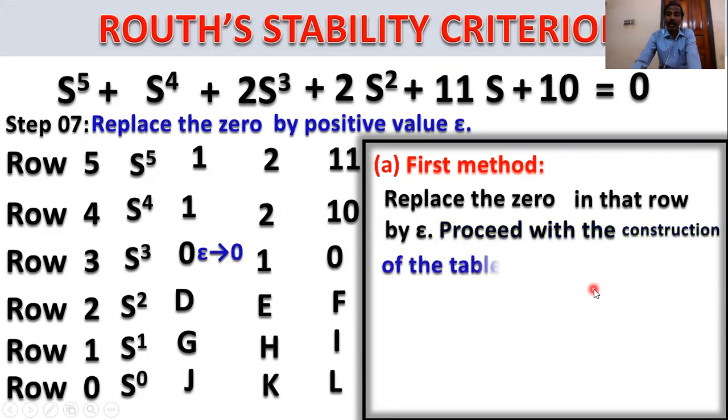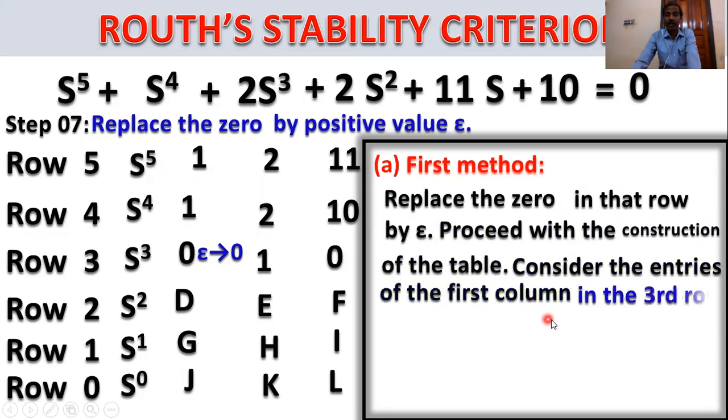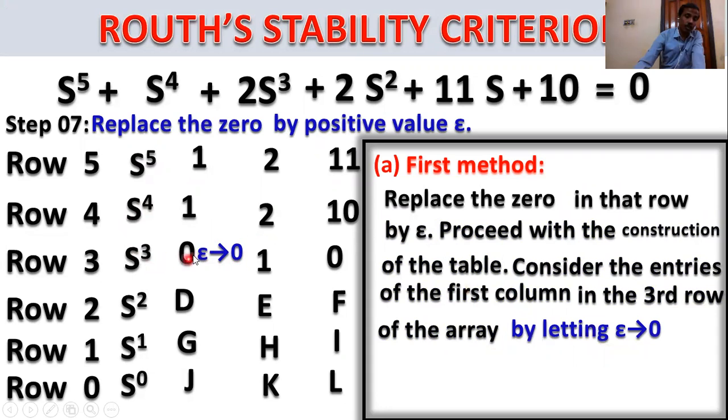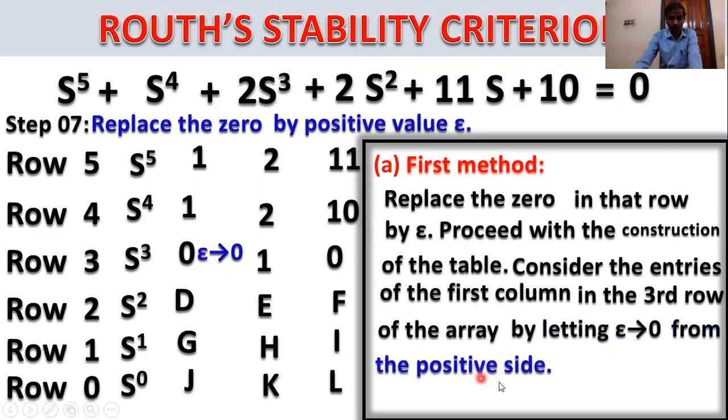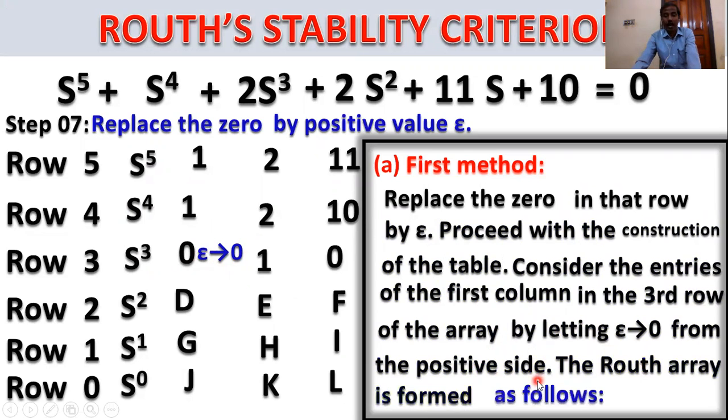Proceed with the construction of the table. Consider the entries of the first column in the third row of the array by letting epsilon tend to 0. So epsilon is positive, not equal to 0, but tends to 0 from the positive side. The Routh array is formed as follows.